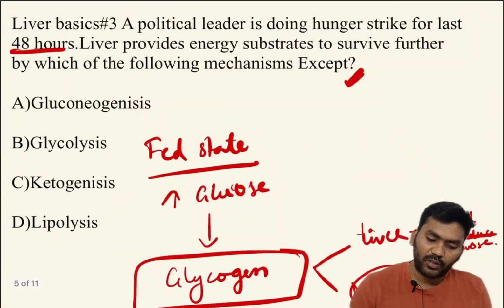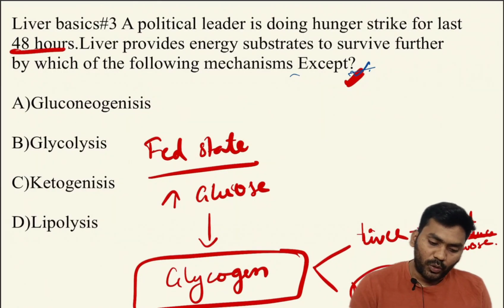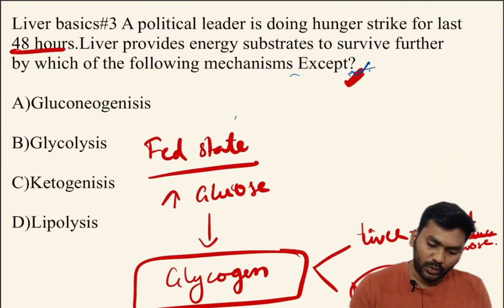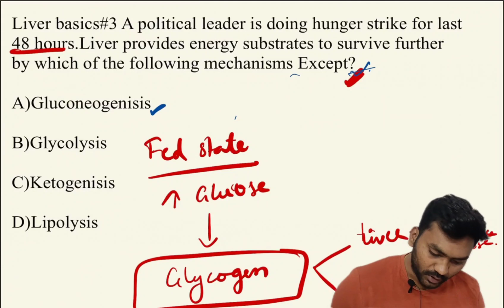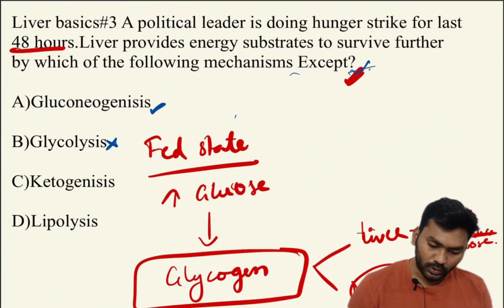Okay, coming back to the question, the liver produces energy substrates to survive further by which of the following mechanisms, except? So coming to option A, gluconeogenesis. Gluconeogenesis is the correct thing, and second is glycolysis. No, this is wrong.